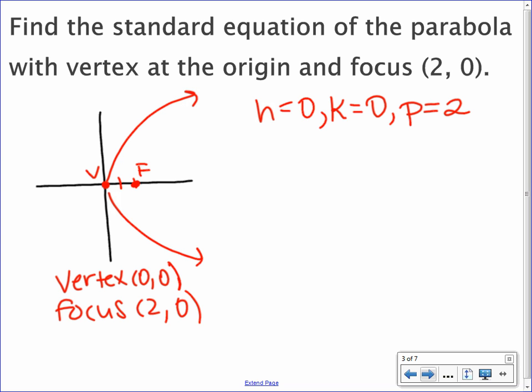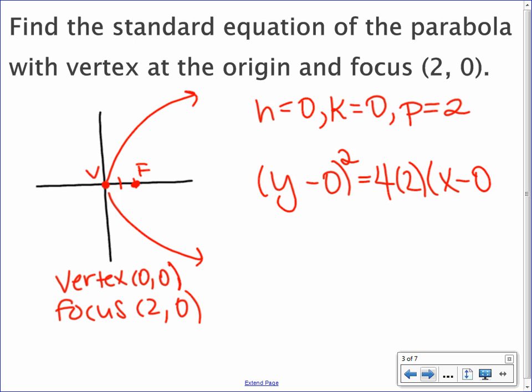This is opening horizontally, so the y is being squared. So we have (y - k)^2 equals 4 times p times the quantity (x - h). You're not going to say it like that, are you? Let's make it look pretty. y^2 = 8x.